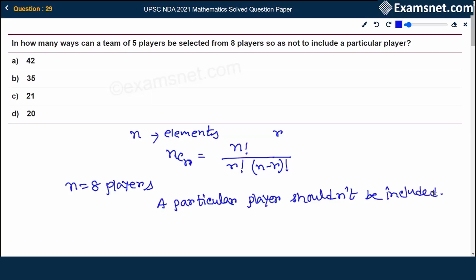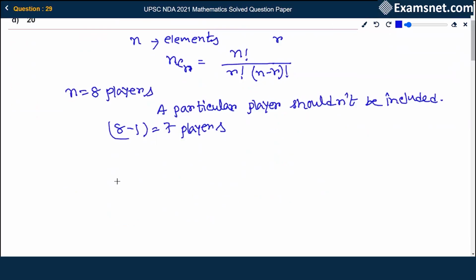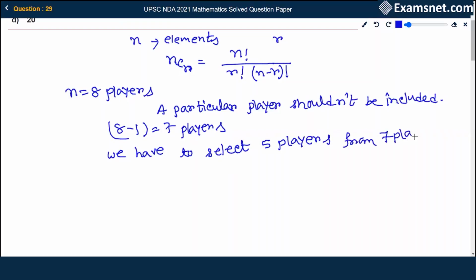That means now we have a choice of 7 players. So 8 minus 1, 7 players. We have a choice of 7 players. Among these 7 players, we need to form a team of 5 players, right? So we have to select 5 players from 7 players.